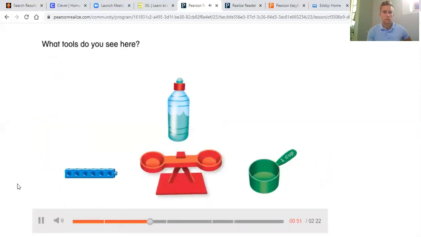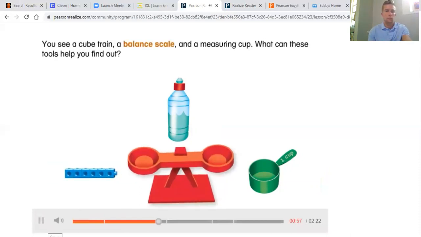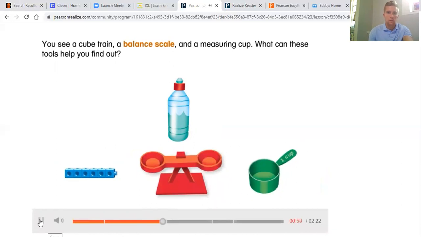What tools do you see here? You see a cube train, a balance scale, and a measuring cup. We learned about all these, right? The cube train, what can they help you find out? This cube train can help us find length, can find height. We can stack them on top of each other.